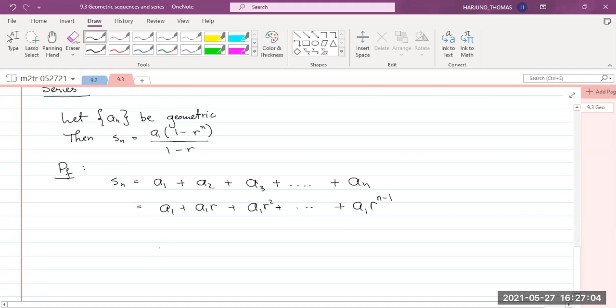Now, suppose I multiply the nth partial sum by r. This becomes a sub 1 times r, right? You multiply by r here, multiply by r here, multiply by r here. And this will be a sub 1 r to the n.